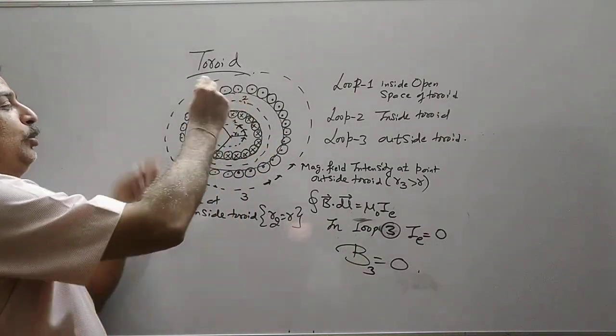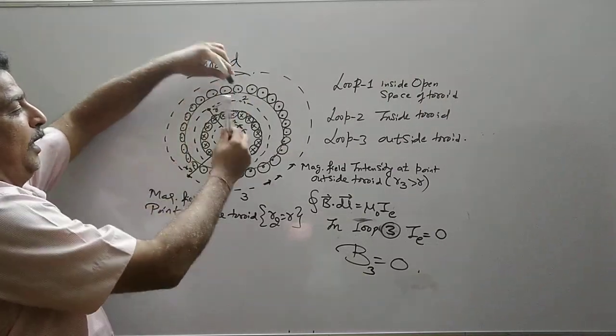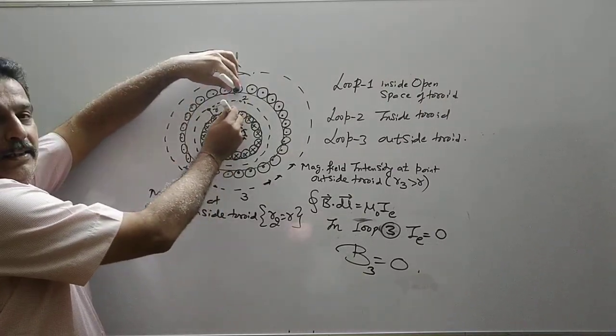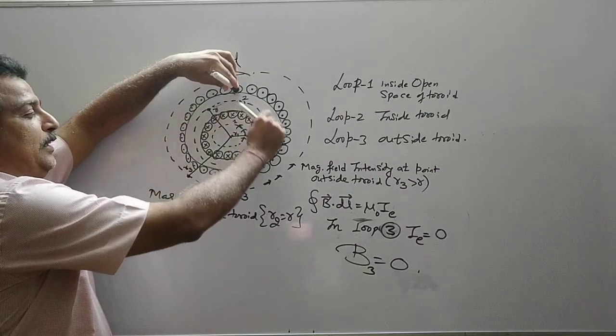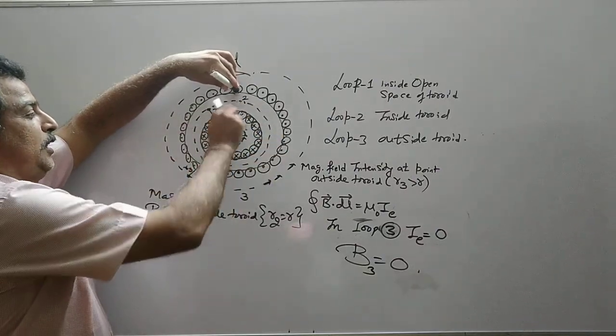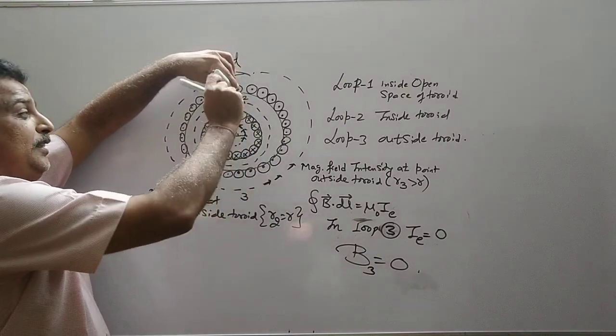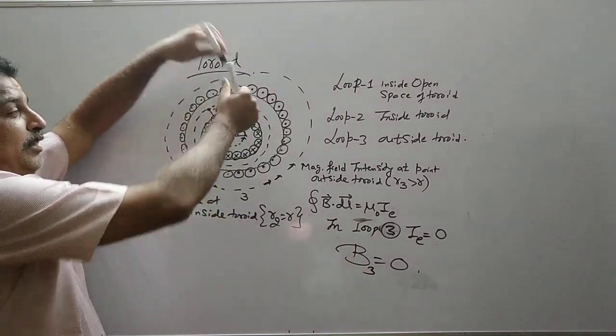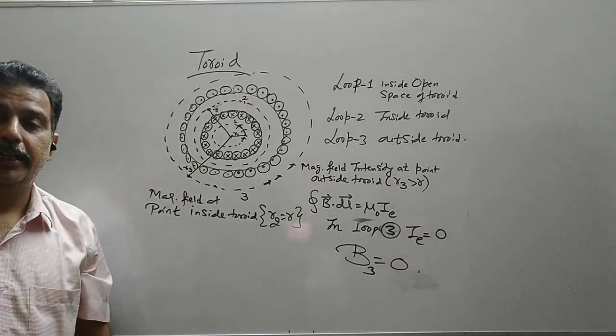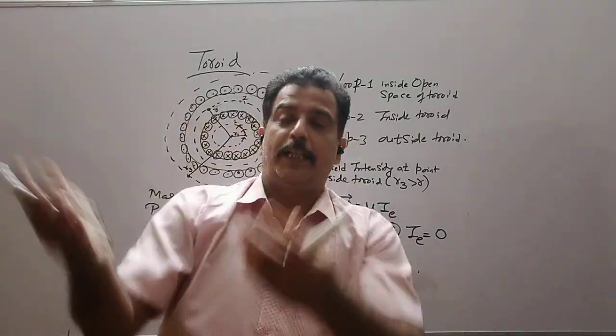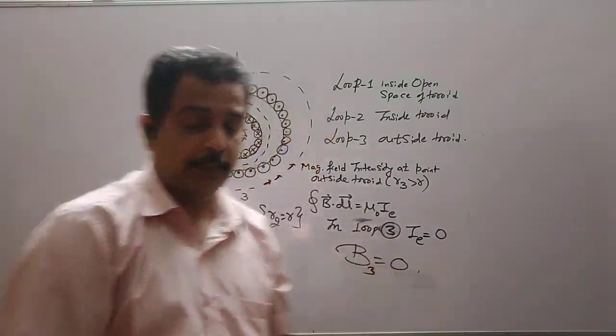This is coming out and from this it is going inward. The Amperian loop is here. So what is the current enclosed? Only this current is going inward. This current, which is coming outward, is outside the loop.